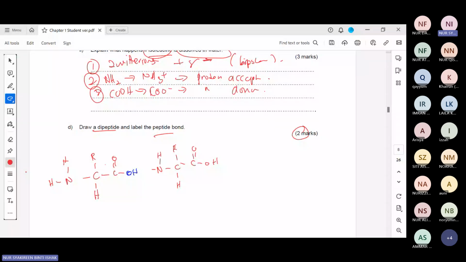So this removes a water molecule. So you erase it back. And then you just join the two atoms, which are carbon and also nitrogen, together. So it is like this. Imagine we bring these closer together.